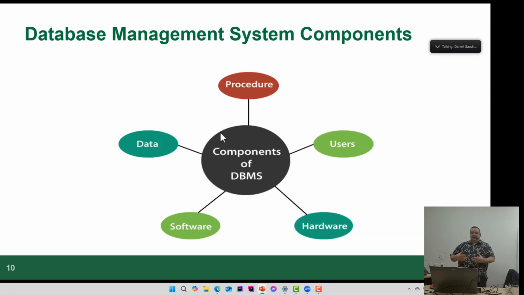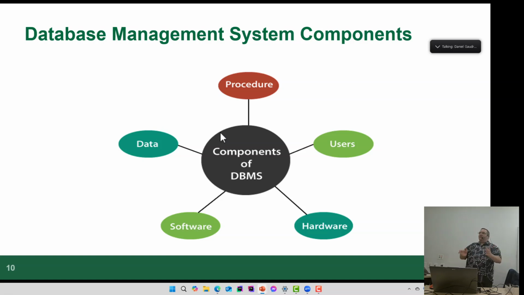When we think about the components of a database management system, you've got users, which allow you to connect to it. You've got the hardware where it runs. In this class, it's all going to run on your laptops, assuming you have laptops. If you don't have a laptop, you're going to have a really hard time.